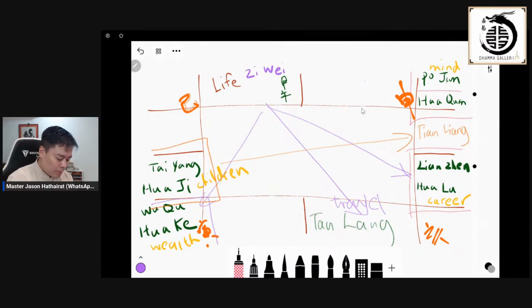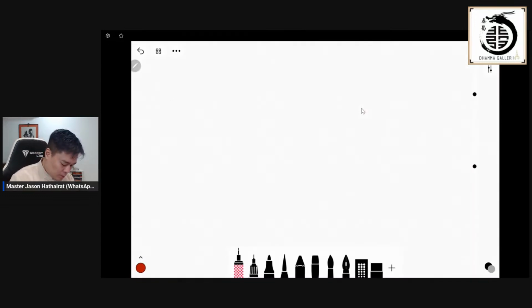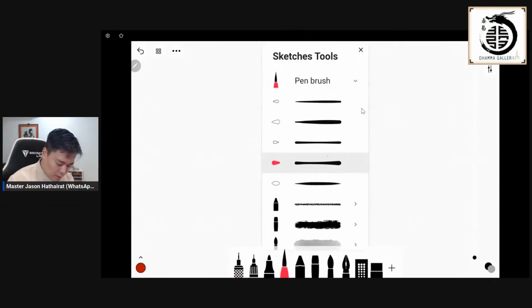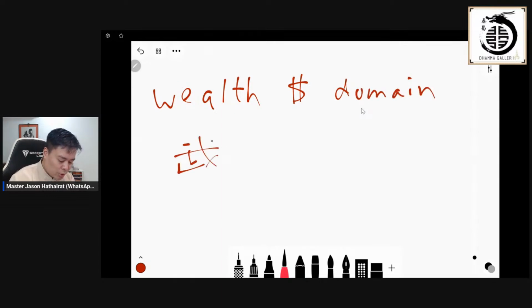The wealth domain, of course, represents money, right? And 武曲 itself is also a financial star, pairing with 化科.